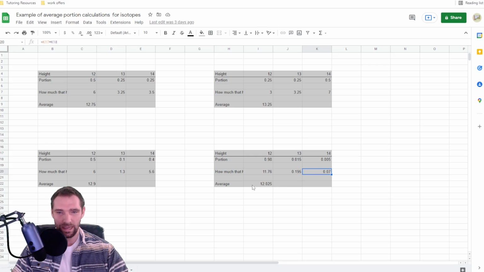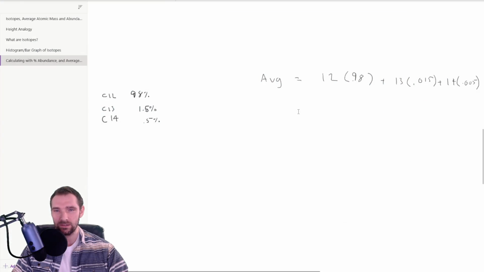If you were to average that all out by just adding those numbers up, you get 12.025. So when we have mostly one isotope, the mass ends up being pretty much that 12.025 from those numbers that get added up.